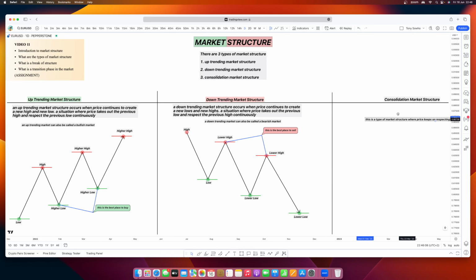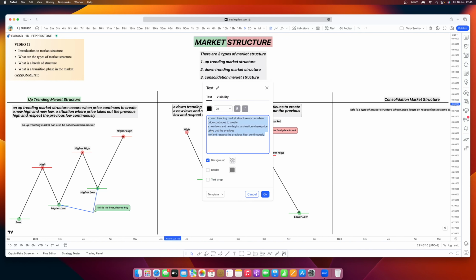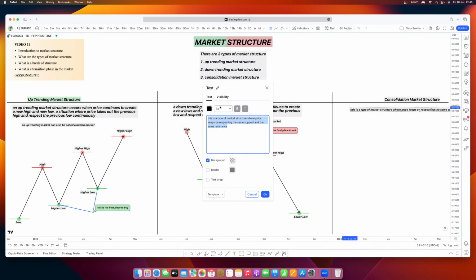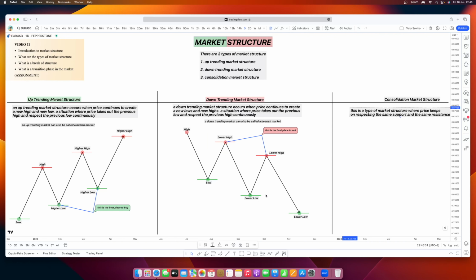So we can just make this also big, increase this to 20, and number 3. Exactly. So I'm just going to bring this here.